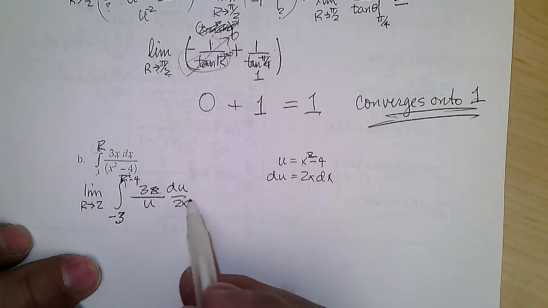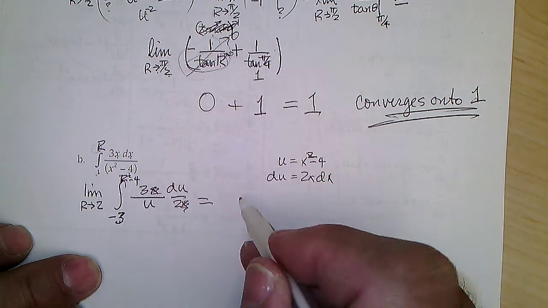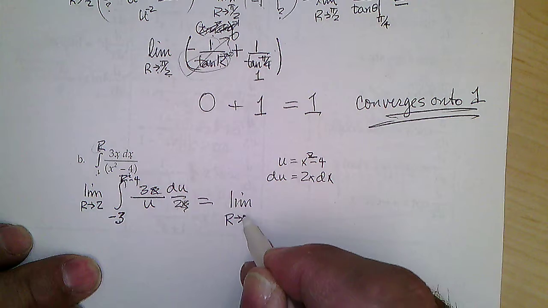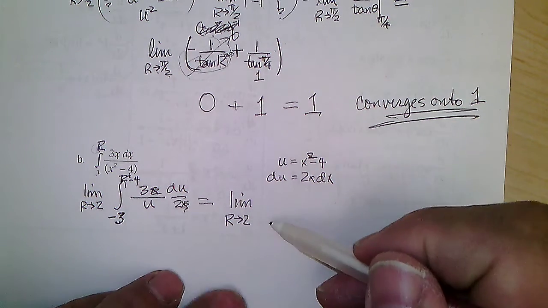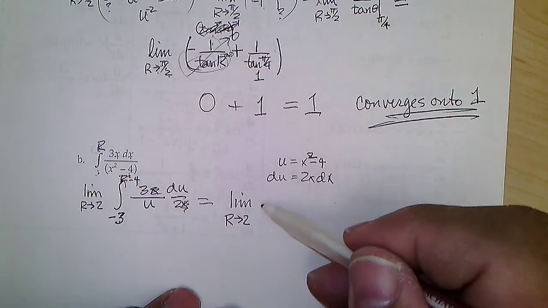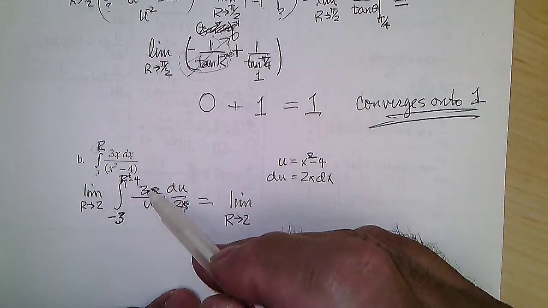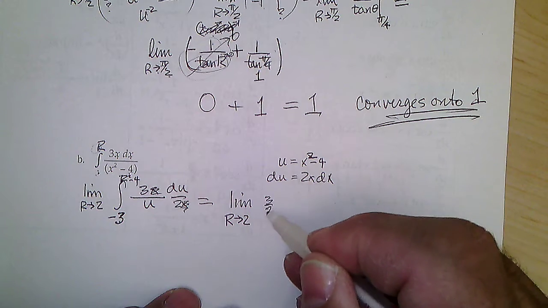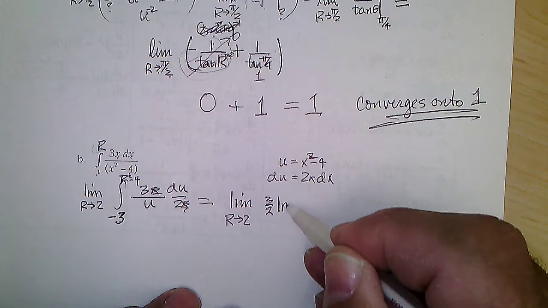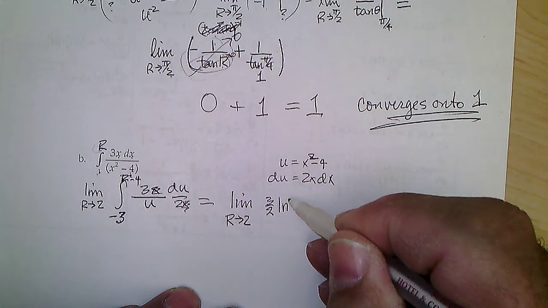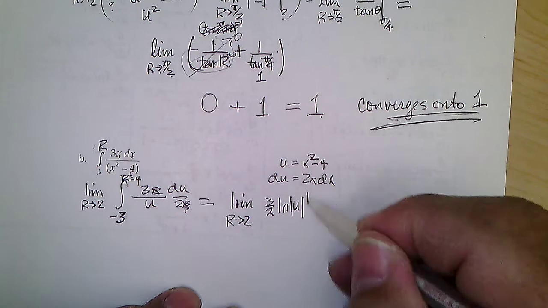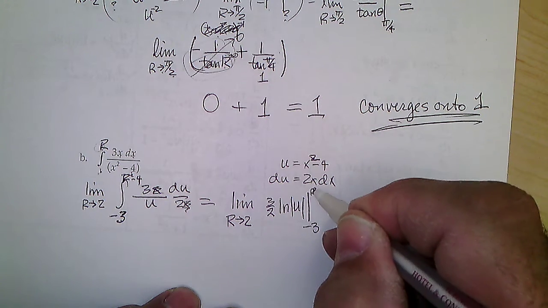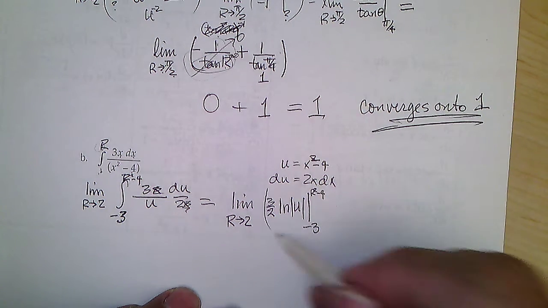The x's cancel. So I get the limit as r approaches 2 of, see, the 3 halves comes out. That'd be 1 over u, so it's 3 halves. 1 over u is ln u, evaluated from negative 3 to r squared minus 4.